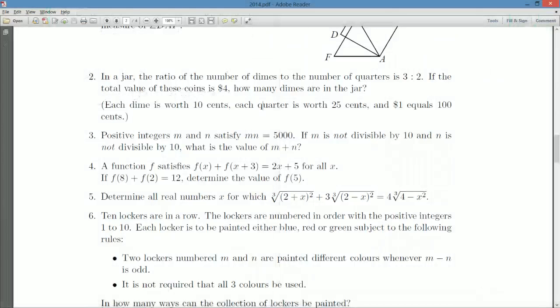So we can go back to the question and double check. We want to know how many dimes there are. So it might be a good idea to put everything in terms of the number of dimes, D. So can we solve for Q, the number of quarters, in terms of the number of dimes? Well, we know the ratio between D and Q, and that can certainly help us.